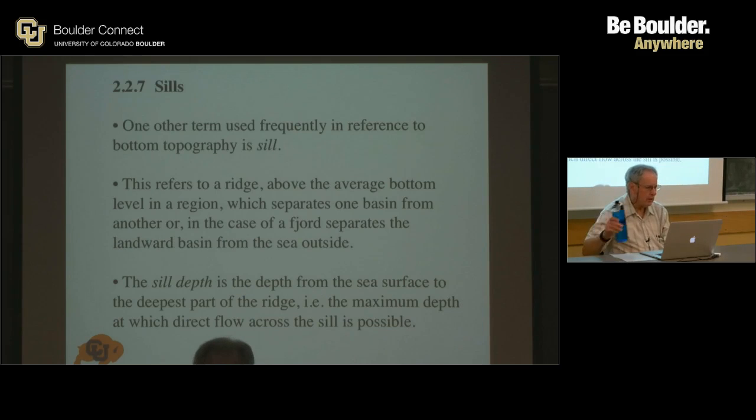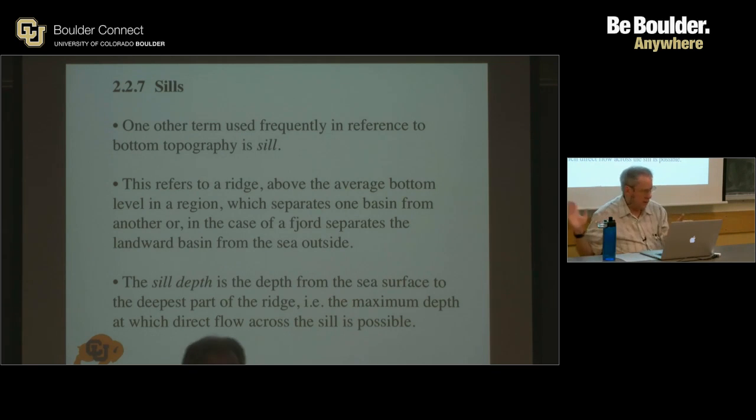Okay, sill. So a sill is something that is a ridge, right? A sill usually is something at the boundary of some sort of marginal sea. One of the best examples is the sill in the Mediterranean.